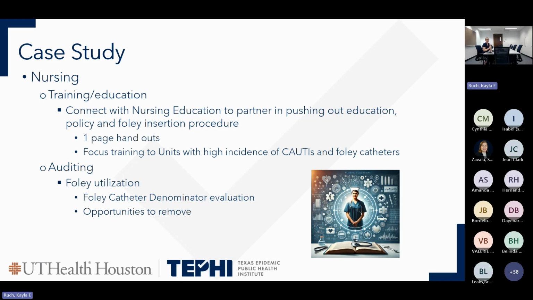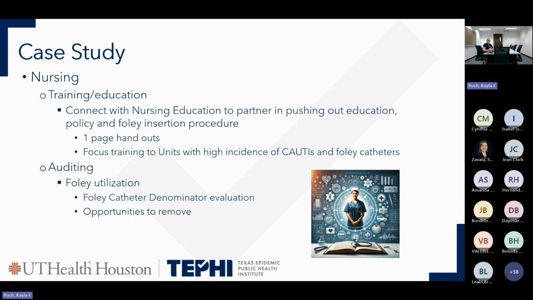It's great if you can develop 1-page handouts, quick sheets for them to reference, with a focus on unit training for the units that have the highest incidence. The ones that have had catheter-associated events in the highest numbers, you want to start with first, and then go down and push out that same education to even the units that are doing well, because there's always opportunity to do better.